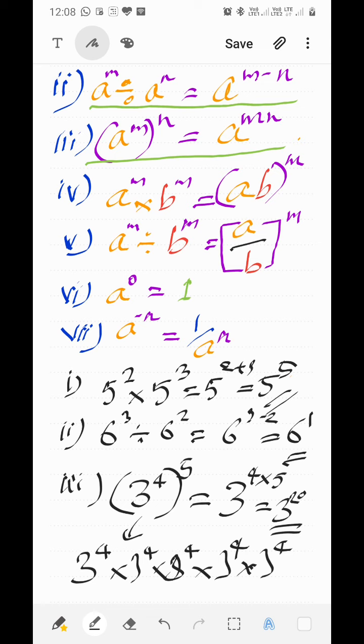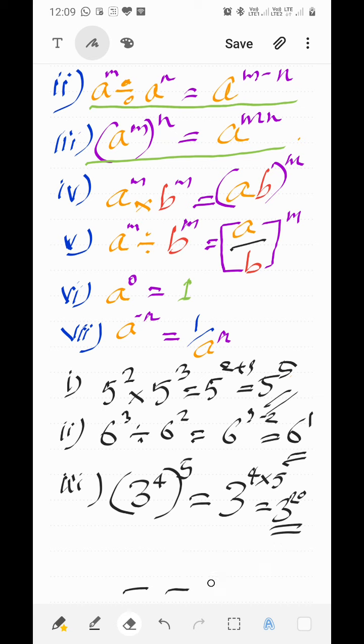In each there are 4 threes to multiply. Total how many 3s now? 20 threes to multiply. So the exponential form of 3 raised to 4 all raised to 5 is 3 raised to 20. Okay, that is why, this you already know, so I am not going into all that.